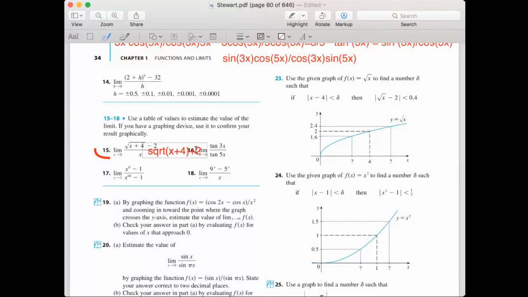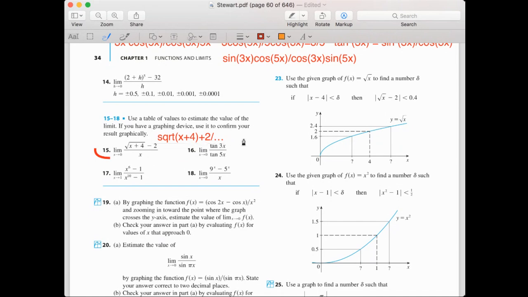And of course, we can only multiply by 1. So this one is the square root of x plus 4 plus 2 divided by itself, the square root of x plus 4 plus 2.